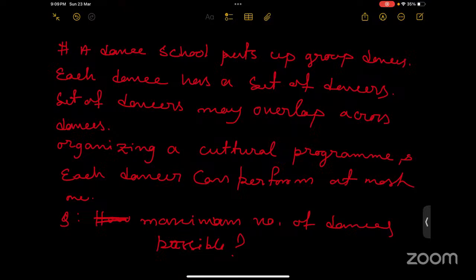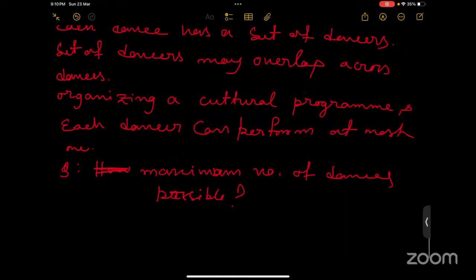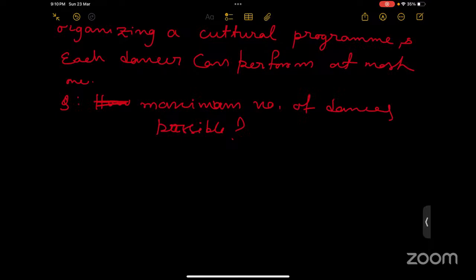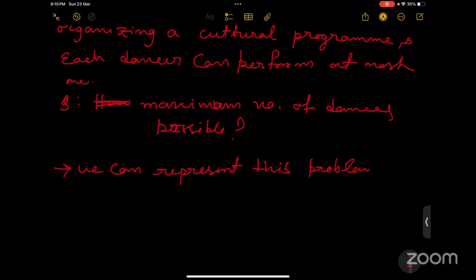Okay. So how can we represent the problem in terms of vertex and edges so that we can solve it with the independent set? So how many students are performing in total?